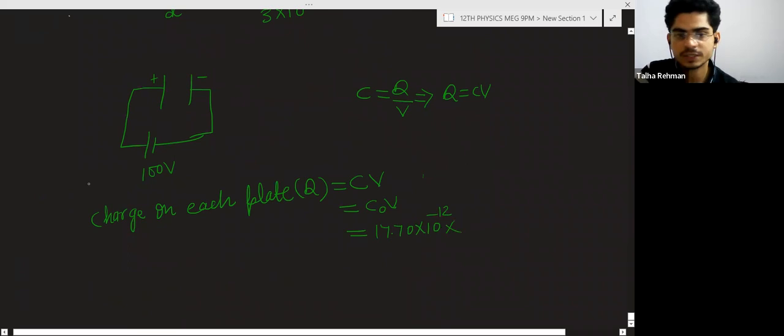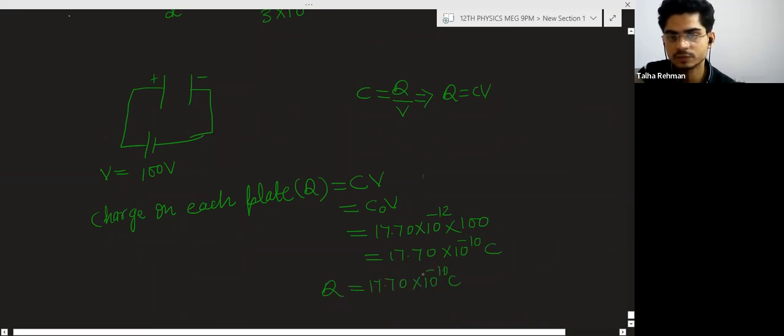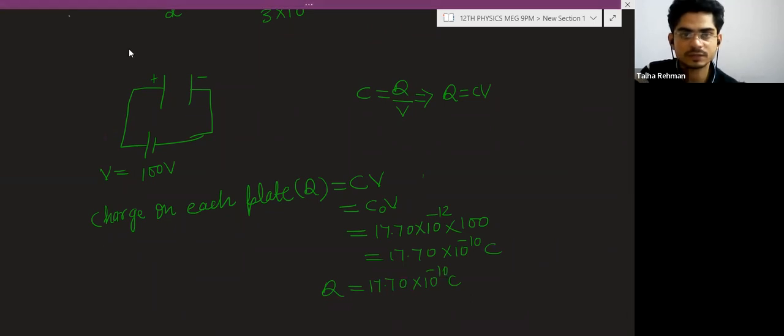And what is potential? Potential is given as 100 volt. So this will become 17.70 into 10 to the power minus 10 coulomb. Q is equal to 17.70 into 10 to the power minus 10 coulomb. This is our final answer.